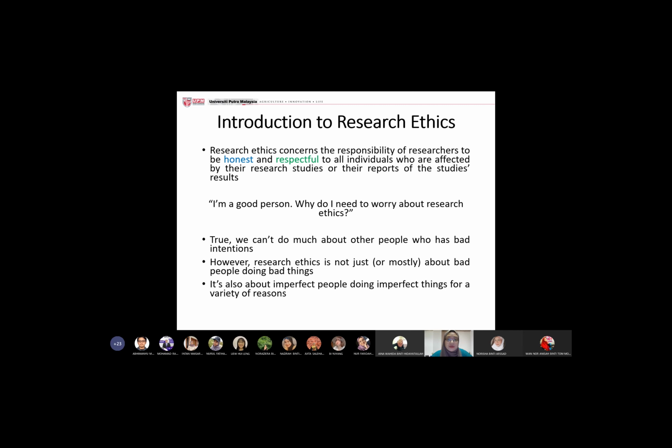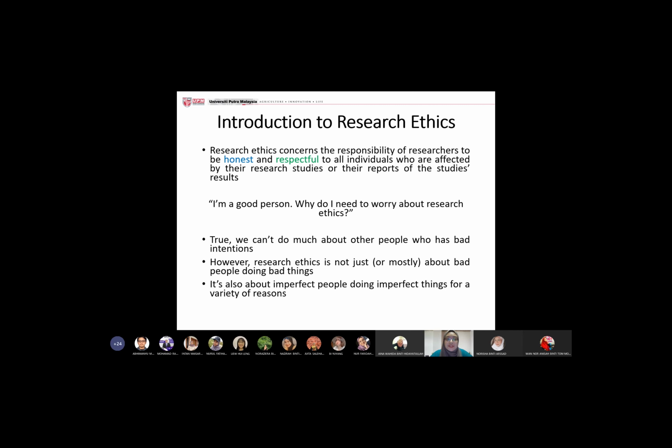So you have to be honest, you have to respect everyone who is affected by your research. Okay, so this means the people closest to you, your colleagues, your friends, your lecturers, your supervisor, and also people who are directly impacted. Okay, so for example, if you're doing any community project, the community is people that are interrelated to you. So you have to be careful, you have to apply ethics basically.